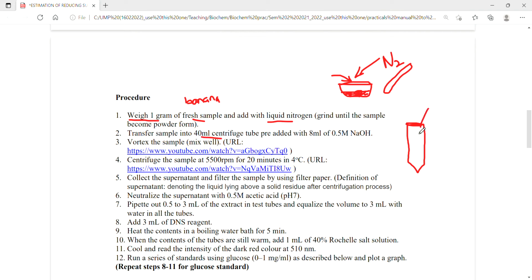We add 8 ml of 0.5 molar NaOH, and also this sample inside, so it should be like that with the substance here, presumably with the reducing sugar in it. So we treat it, and then you're supposed to vortex.